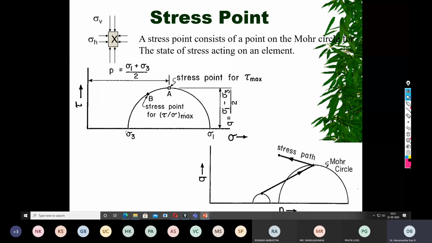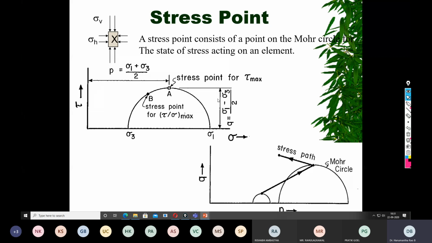I am taking a simple Mohr circle diagram where sigma 1 is known and sigma 3 is known. This is the normal stress and this is the shear stress. You take any point, and the radius of this circle is nothing but (sigma 1 minus sigma 3) by 2, and the distance from the origin to the middle of the circle is (sigma 1 plus sigma 3) by 2.